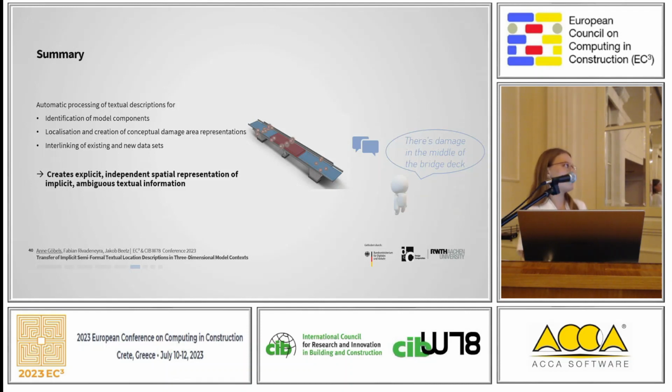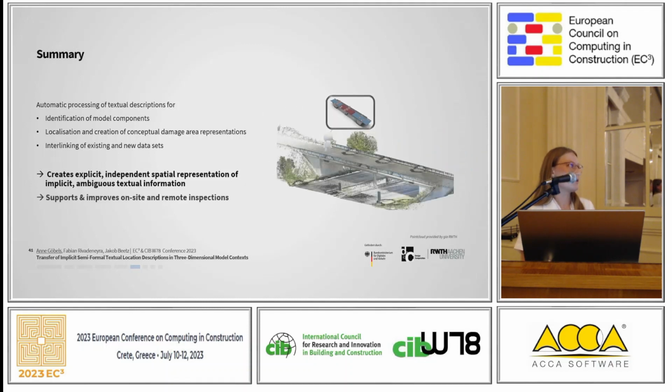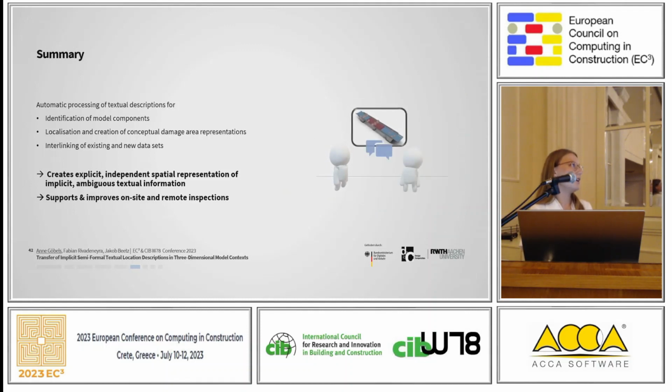This now enables for the first time to have an explicit, independent spatial representation of this formerly implicit, ambiguous textual information, which is also supporting the on-site inspection, because when we have a 3D model, we can more easily compare it to our real-world object, and also improve remote inspection, because we can now easily talk with our colleagues about this, having a better base for communication than just text.